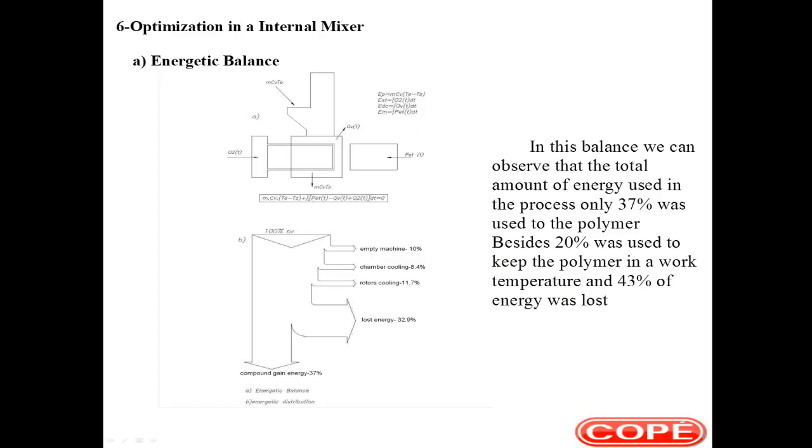In this balance, you can observe that of the total energy used in the process, only 37% was used for the polymer. The other 43% was lost, and you have more or less 20% removed by the cooling system.